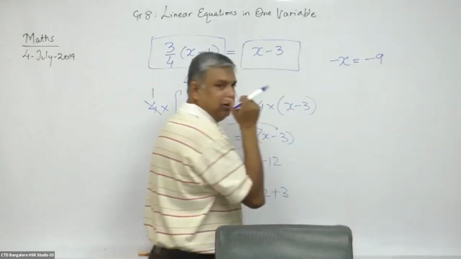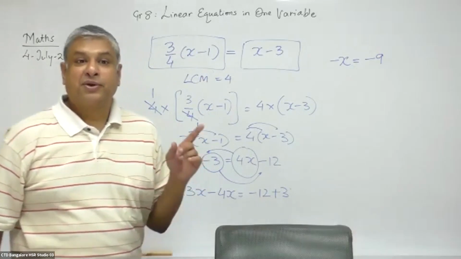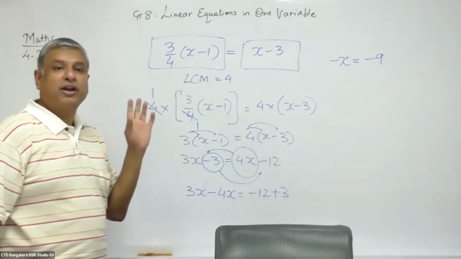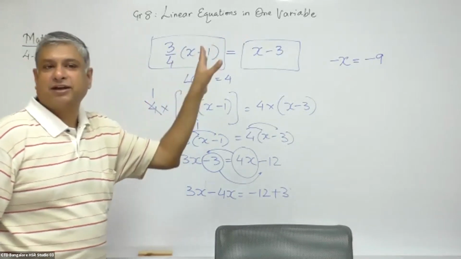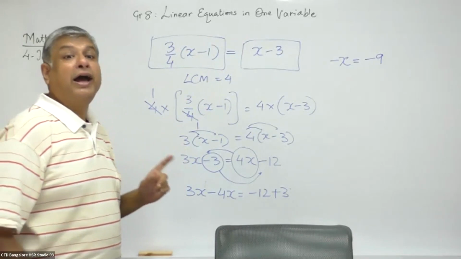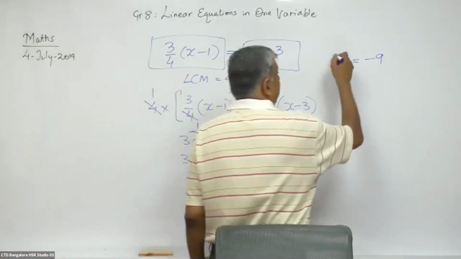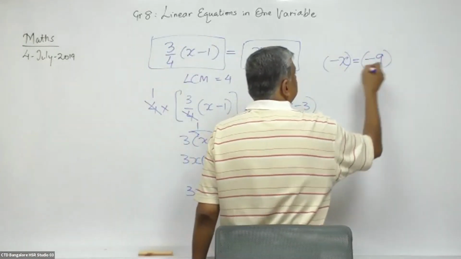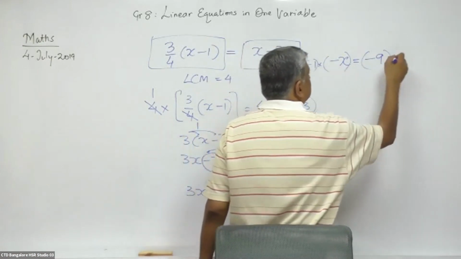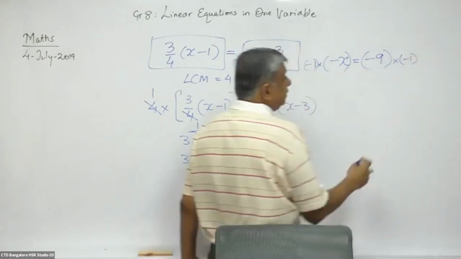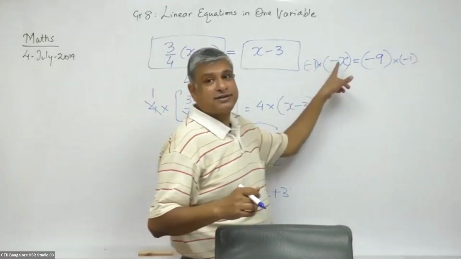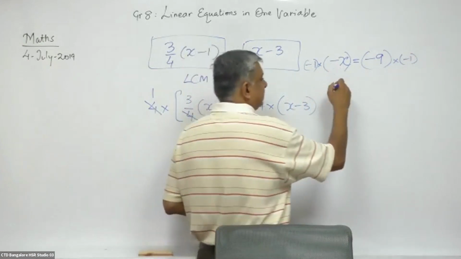Now, how do you deal with this, when you have negative both sides? Actually, what does it mean? You can cancel the minus sign both sides. But in reality, what happens? You actually multiply both sides by minus 1. Remember, I can multiply an equation both sides. So minus 1 into minus x is x.